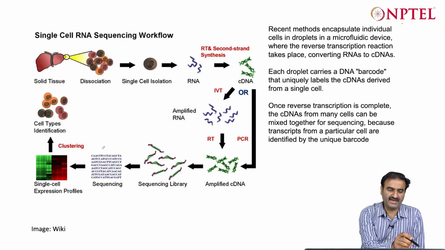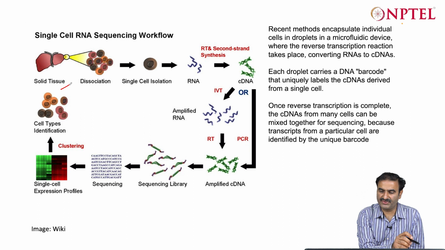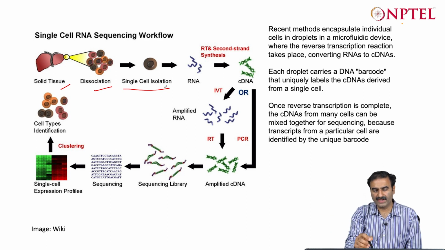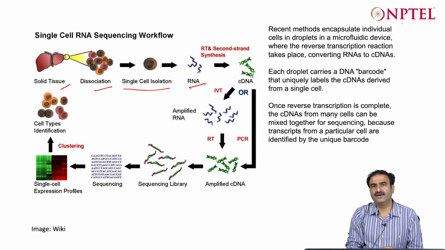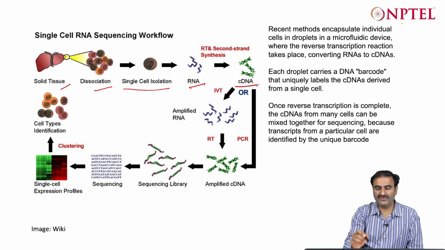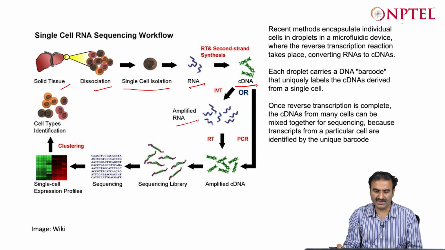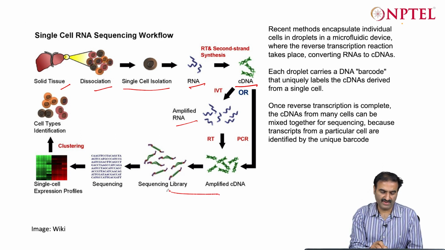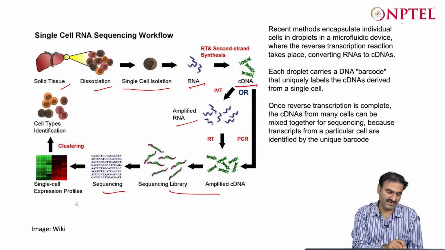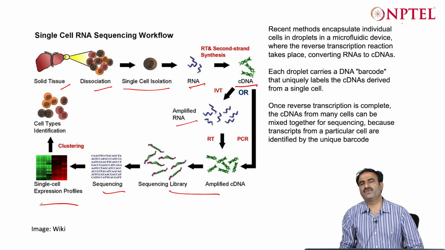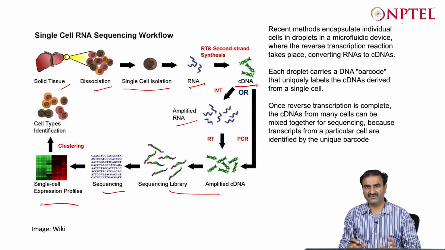So it works like this: you may have a tissue, it could be solid tissue, cancerous or normal healthy cells. You separate the cells, then once you have the single cell status, you can isolate the RNA, particularly the mRNA, convert that into cDNA and then go for one round of amplification, so that you have a sufficient quantity of RNA, followed by library preparation, sequencing, and the single cell expression profile from the multiple cells you have got.